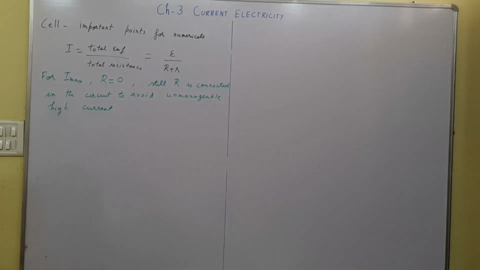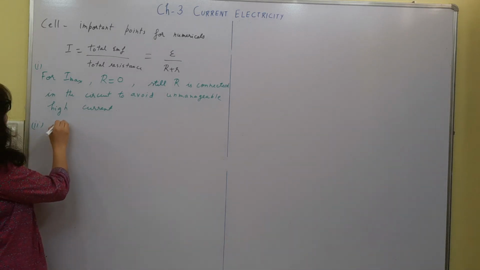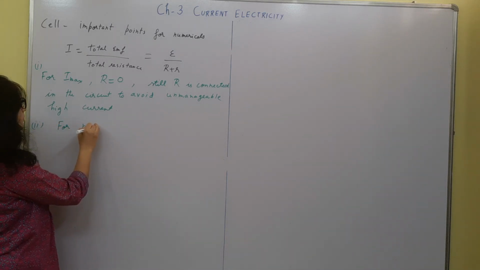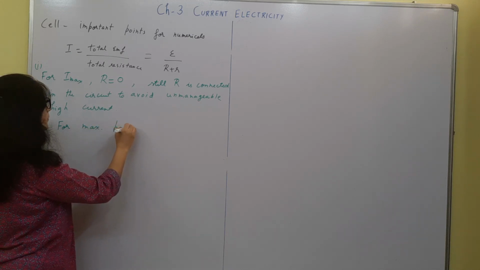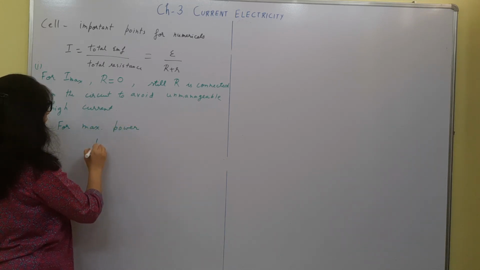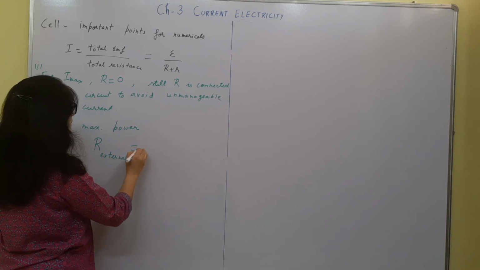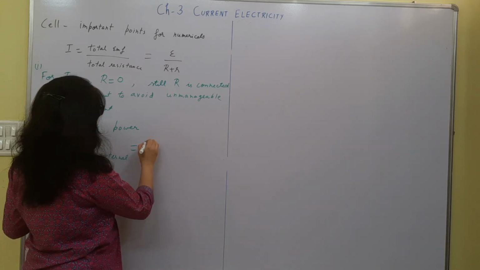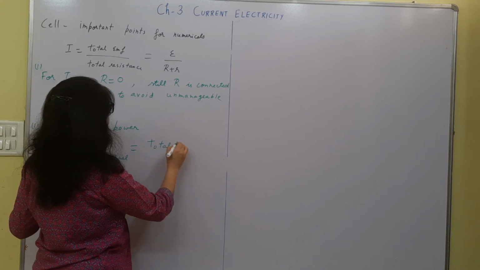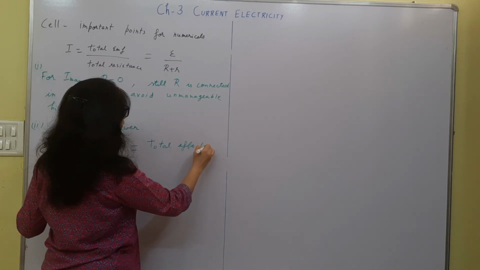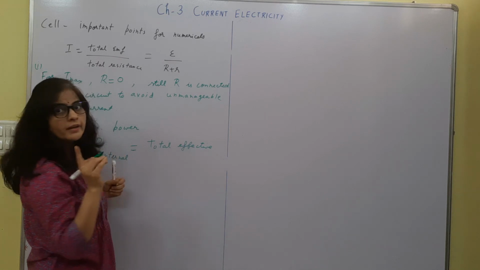Second important point is that for maximum power, R external must be equal to the total effective internal resistance.